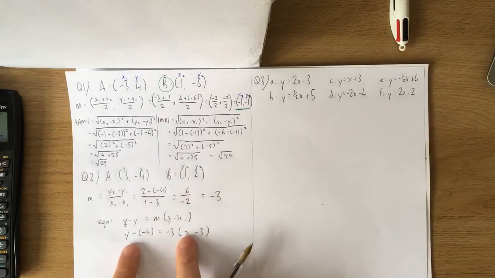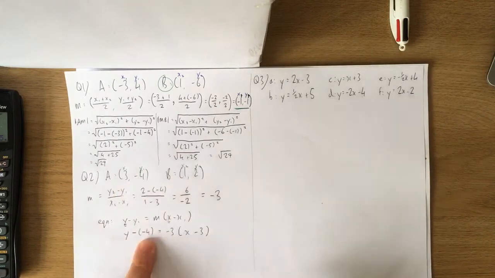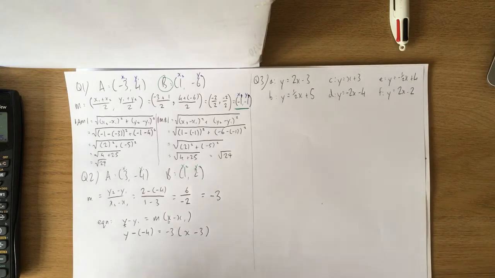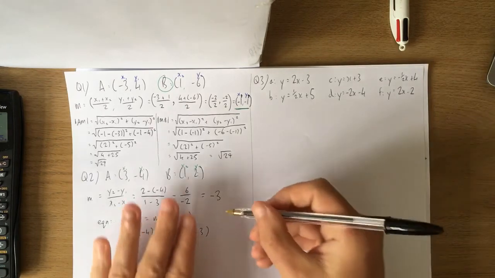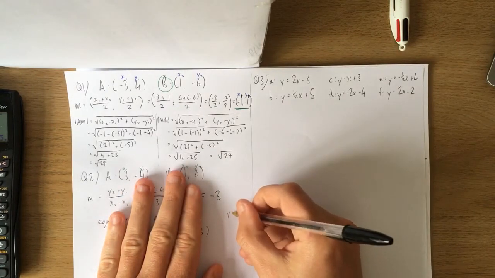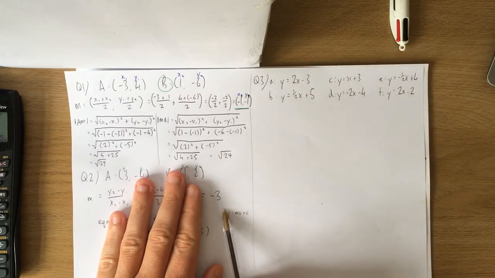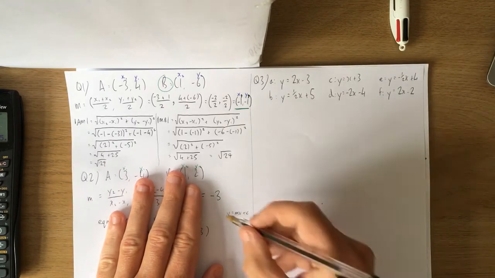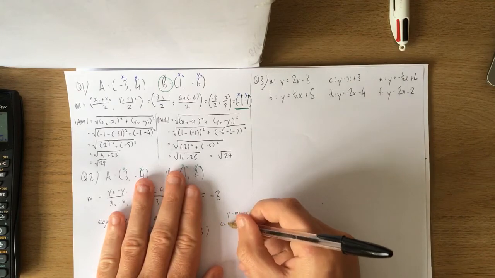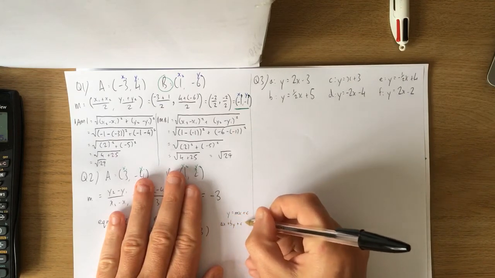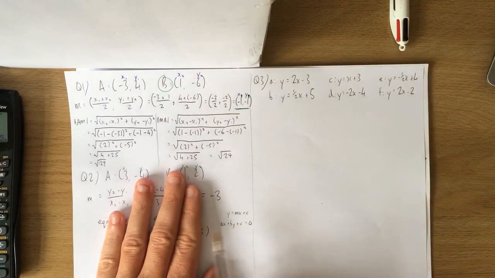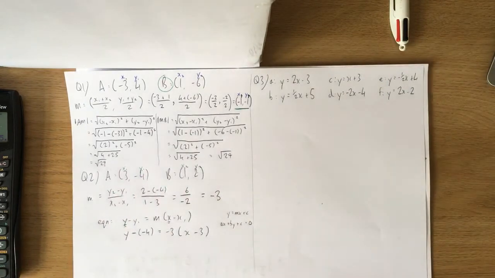So not subbing in for xy, using my x1, y1 from up there. All right. The question doesn't actually say it wants this in any particular form. Okay, you were generally told to write equations of lines in the form y equals mx plus c. So multiply it out, just get the y on its own on the left hand side, or else in the form ax plus by plus c equals 0, which basically means multiply it out and then move everything to the left hand side.